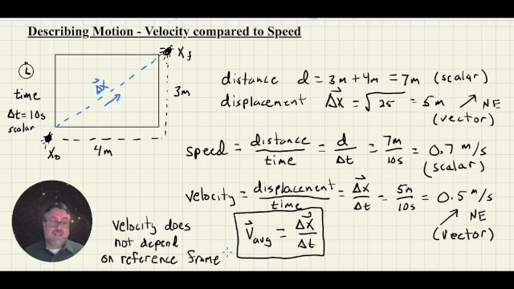So velocity plays a much more important role in physics than speed. You can place your origin anywhere you want in a problem, and you will calculate the same velocity for a moving object. So there we go. That's the difference between speed and velocity.